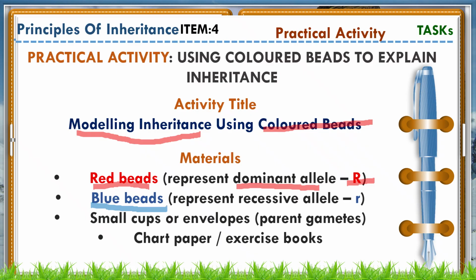The blue beads are going to represent a recessive allele, which is represented by a small r. We shall also have small cups or envelopes, and these will represent the parent gametes. We can also have charts and exercise books.